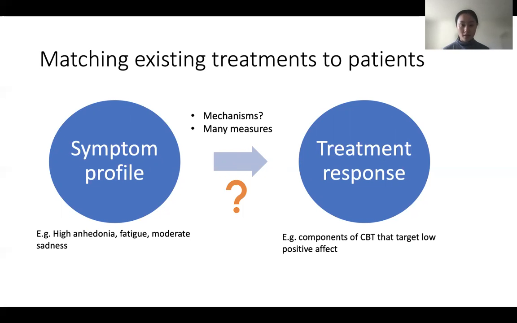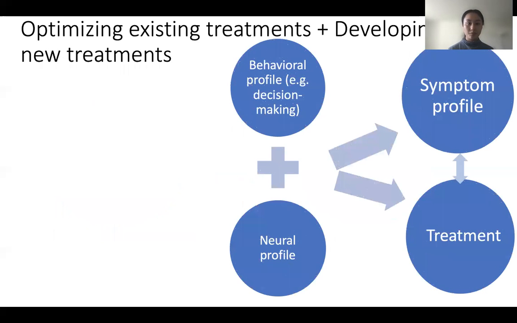This would also mean that every time we want to diagnose someone and give them a treatment, we have to assess them on many, many symptoms, which is not always practical. So this is where the second line of research comes in. This line of research aims to optimize existing treatments and also develop new treatments.